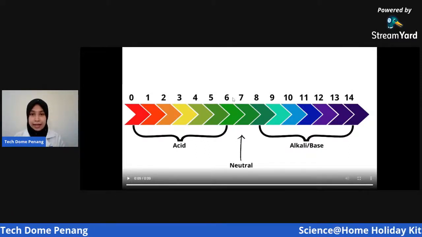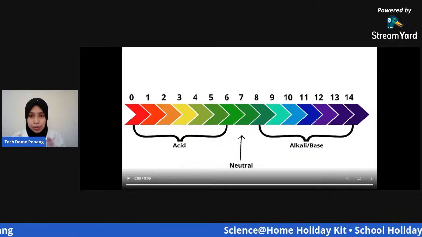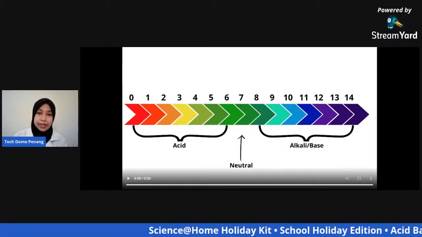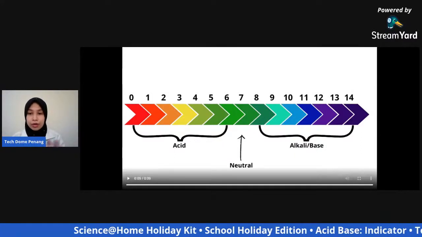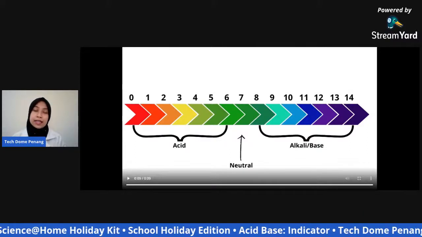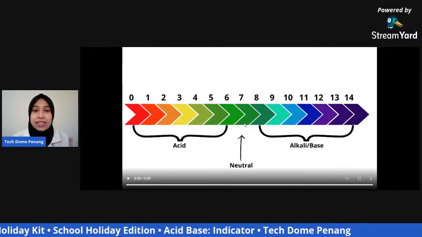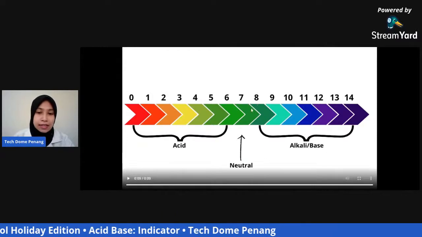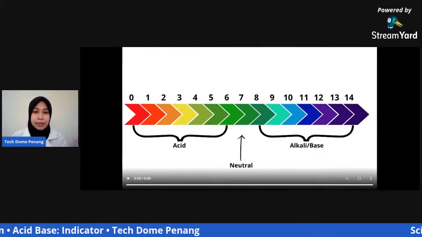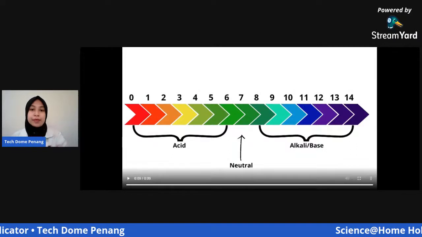Meanwhile, for alkali, 8 to 10 is the weak base, and 11 or 12 to 14 is the strong base, and 7 is neutral, in which it has none of the acidic properties and also none of the alkali properties.